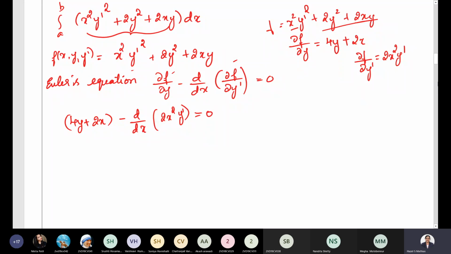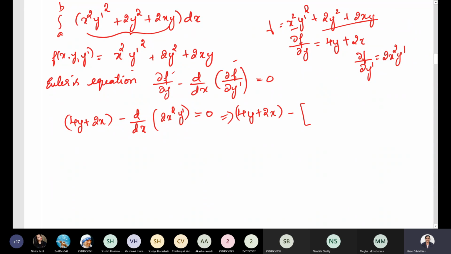First differentiate this. We have 4y + 2x minus d/dx of 2x² y'. Here we have to apply the product rule, because y' is nothing but dy/dx, correct?